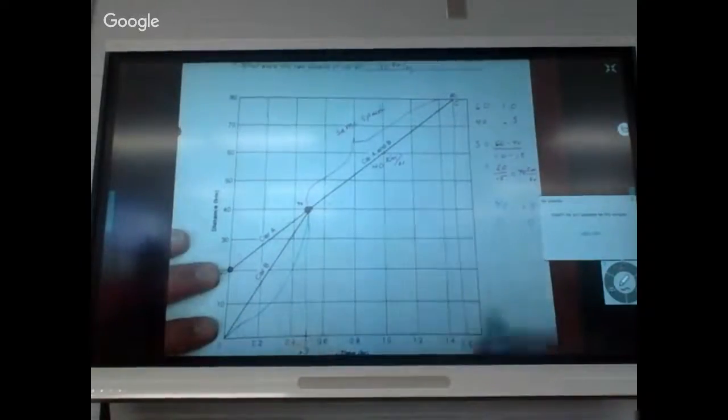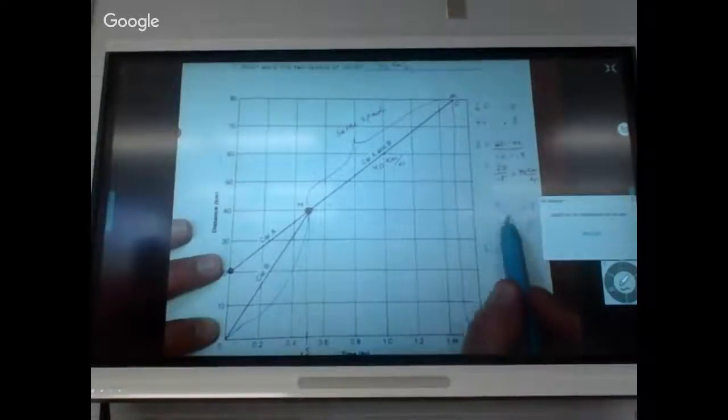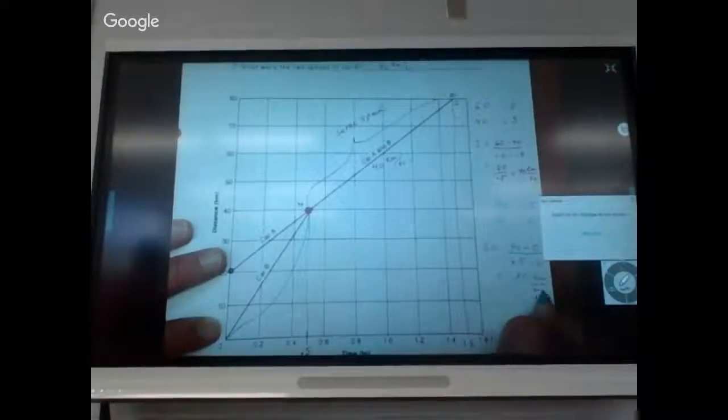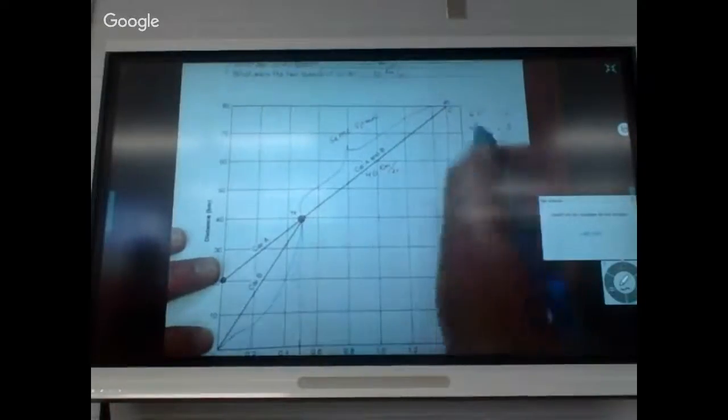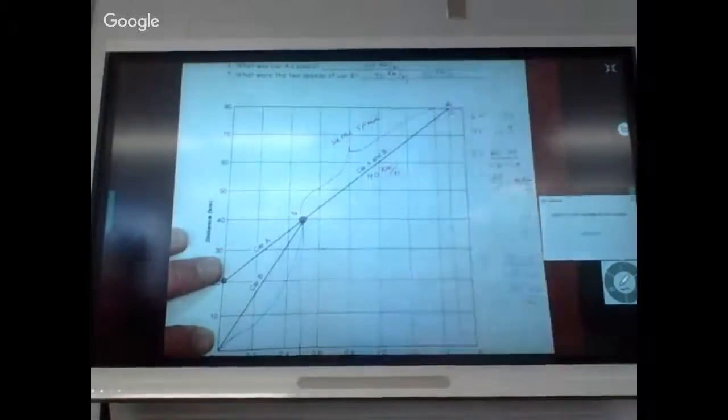Okay, so its two distances would be what? 40, subtract. Say it like you mean it. All right, what's my time? So 40 divided by 0.5 is 80. So your second answer would be 80 kilometers per hour.